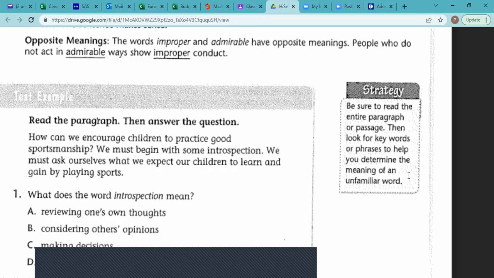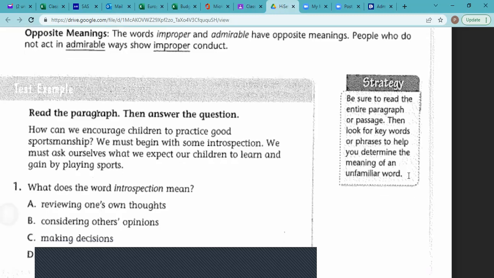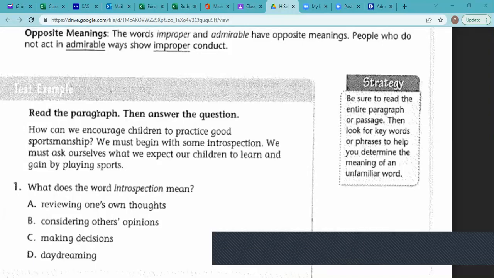All right. So let's take a look at this first test example. All right, it says here, what does the word introspection mean? All right, so we're going to read the paragraph, and it says, how can we encourage children to practice good sportsmanship? We must begin with some introspection.